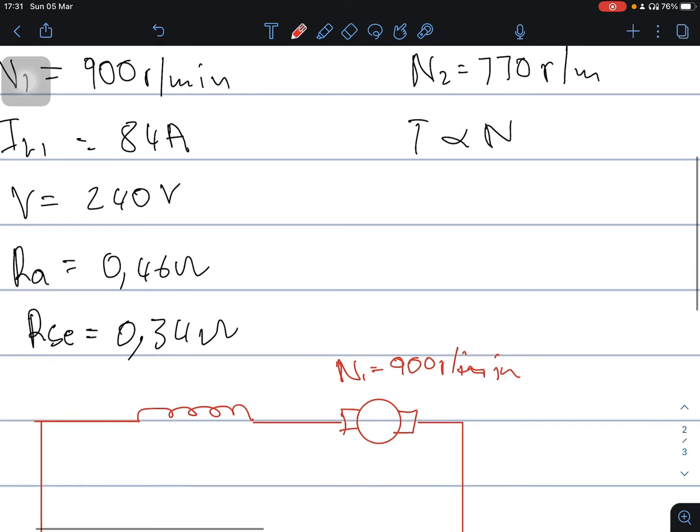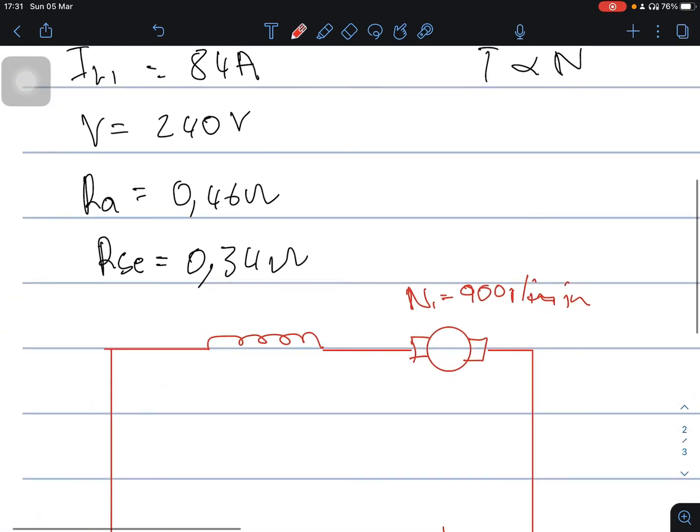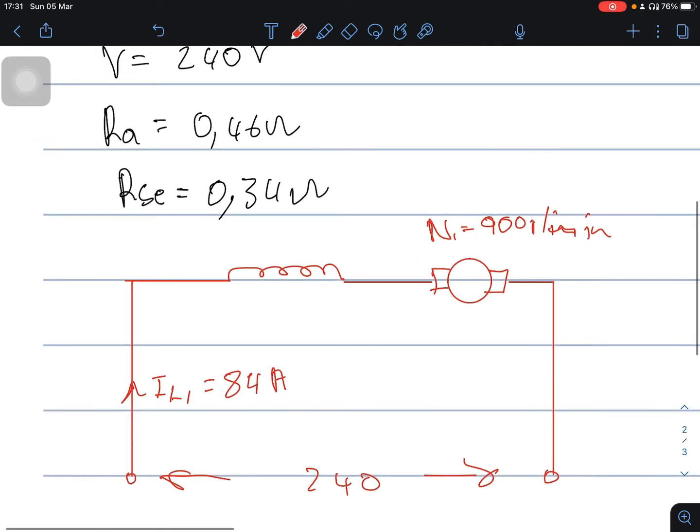We know that I load 1 is equal to 84 amps. Guys, if you notice, this is a series circuit.